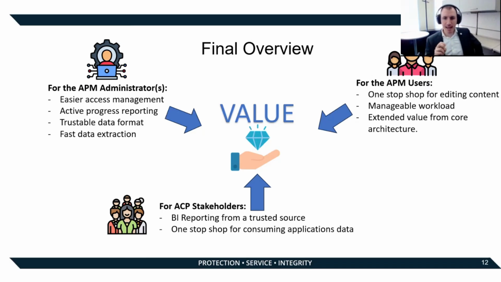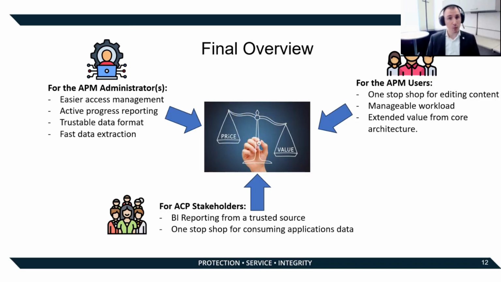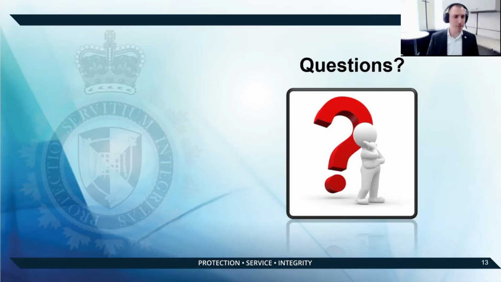I can say migrating APM to ACP is saving CBSA $200,000 per year with all the added value I just showed you. But I trust that most of you who attended this presentation saw that the value outweighed the cost, and maybe future potential to expand your own architecture framework. Thank you. Any question?